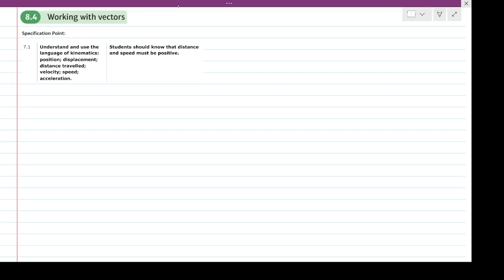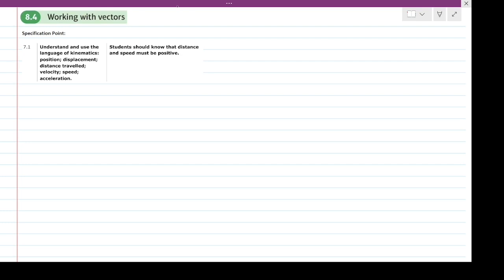So, first of all, you do look at vectors in pure maths as well. And a lot of ideas from pure maths, the vectors, we'll be using here. So stuff about magnitude, direction, and i and j notation and stuff like that.